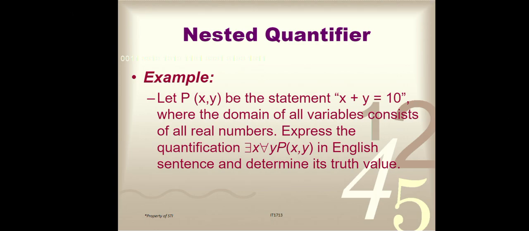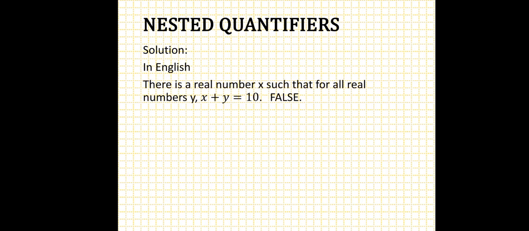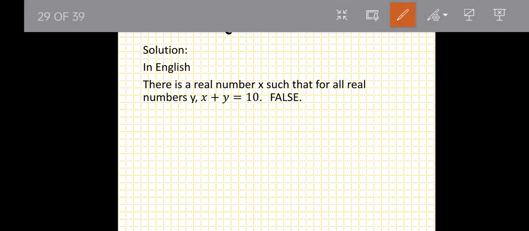Okay, there exists x for all y, P(x, y). So, here is the solution. So, in English, ito yung kanyang sentence: there is a real number x such that for all real numbers y, x plus y is equal to 10. Okay? So, there is a real number x.